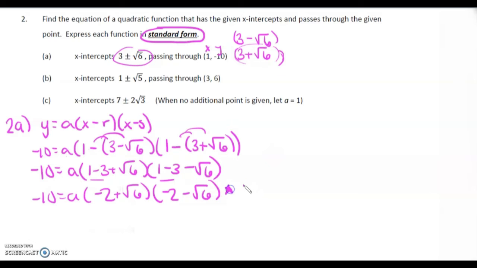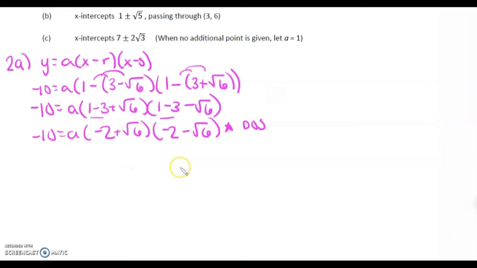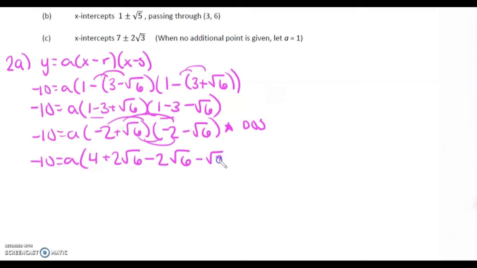At this point, you should have difference of squares. Negative 2 plus root 6, negative 2 minus root 6. If we go ahead and expand these, because they're difference of squares, it's going to get rid of the radicals. So we're going to have 4 plus 2 root 6 minus 2 root 6. And then we're going to have root 6 times root 6, so minus root 36.